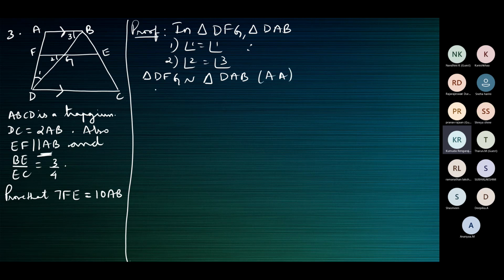Now the proportion. DF by DA is equal to FG by AB, which is equal to DG by GB. Very good. What is the reason, Shreya?